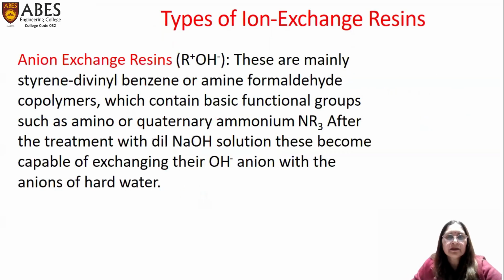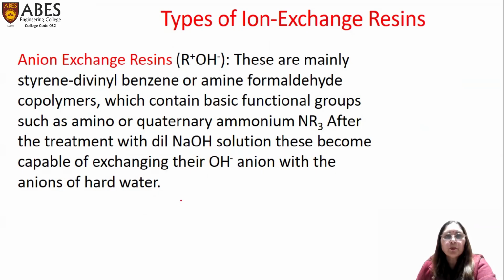The second ion exchange resin is anion exchange resin, and it is denoted by ROH. Anion exchange resins contain a basic functional group. They are styrene divinyl benzene or amine formaldehyde. It means it is a copolymer.